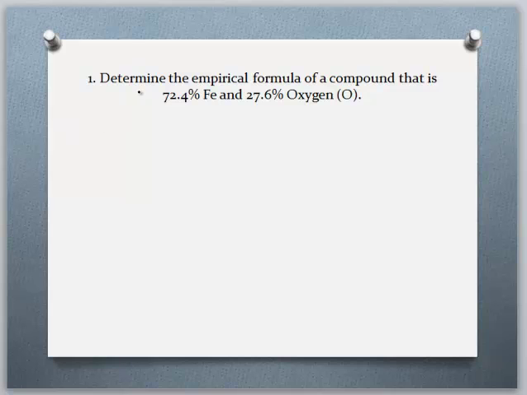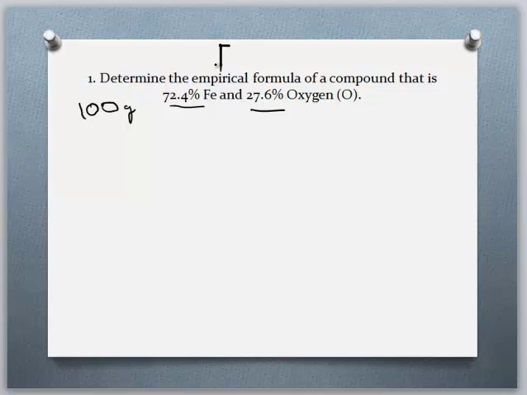Let's start with this one. It says determine the empirical formula of a compound that is made up of 72.4% iron and 27.6% oxygen. What you want to do is assume that this compound that we're trying to find the formula for is a 100-gram compound.